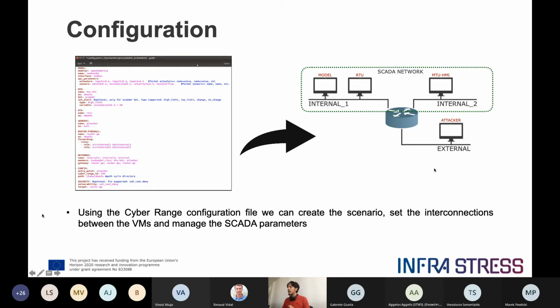And then we will have this architecture, where we have the model that simulates the industrial process that we discussed here. Then we will have some units, for example RTUs for collecting data from the simulated process. Then we have MTUs, and then we will have an attacker machine that will conduct the attack.